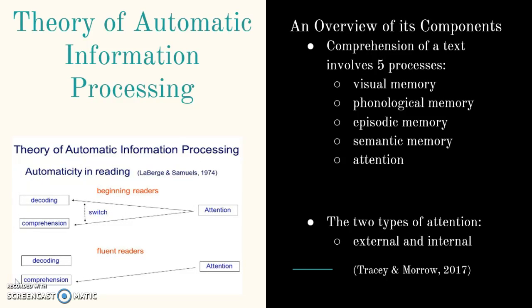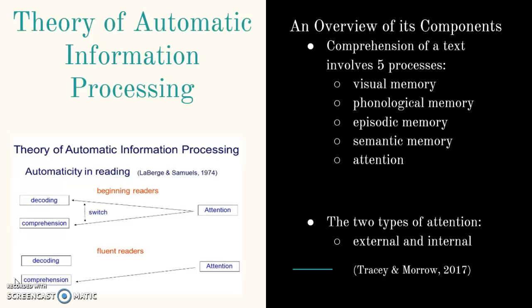In this theory, comprehension of a text involves 5 processes. The reading process begins with visual memory. Lines, curves, and angles are used to identify letters. This process eventually becomes automatic, and individual letters are recognized as words through a process called unitization.